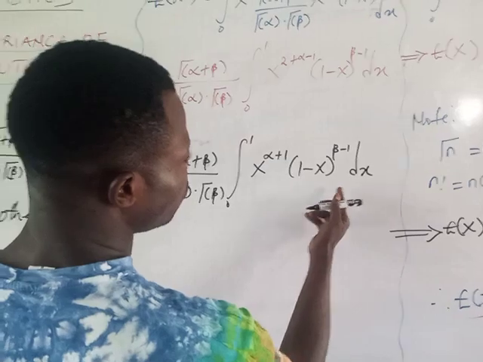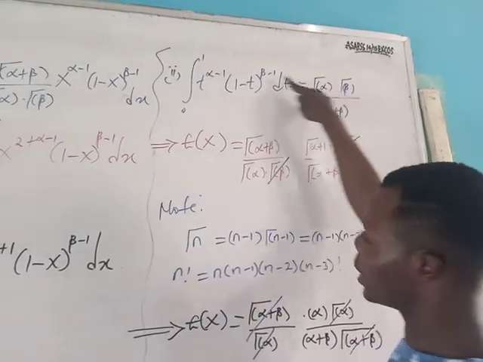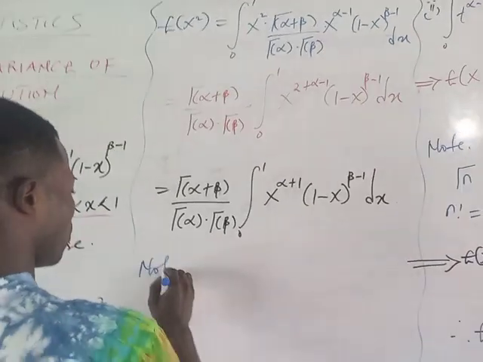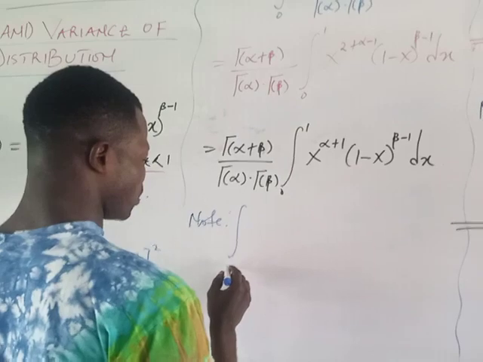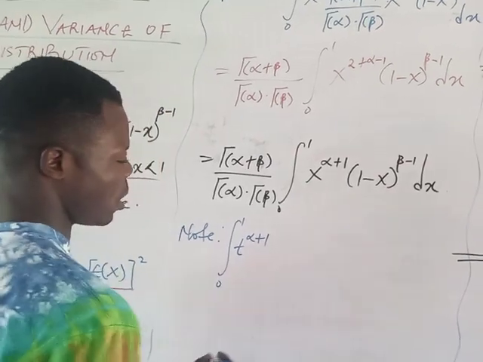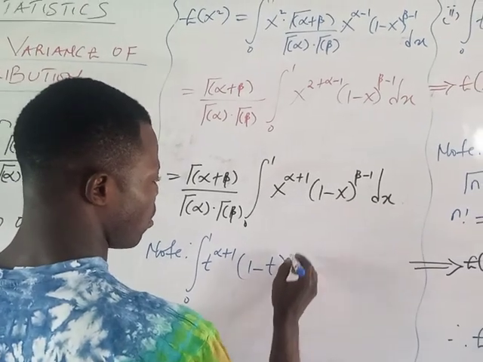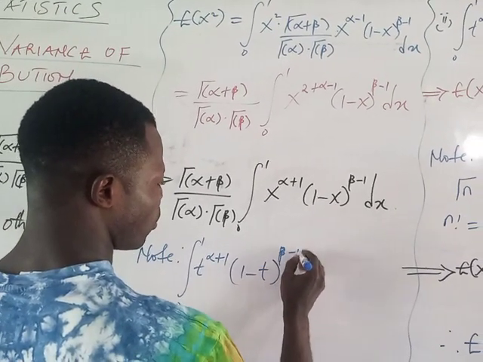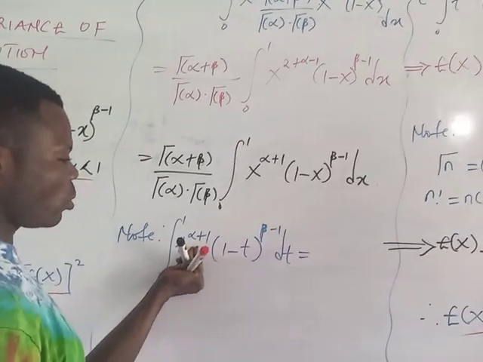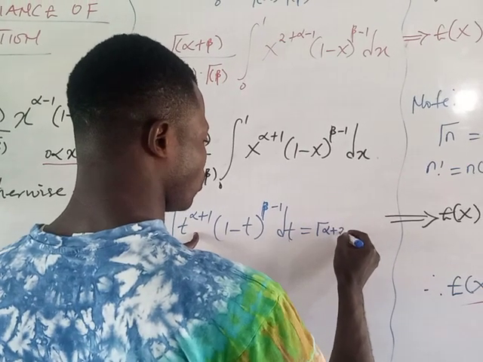We are going to apply the standard integral as well. So we can take note that the integral 0 to 1 of t to the alpha plus 1, like I said, we are adding 1, into (1 minus t) all raised to the power of beta minus 1 with respect to t will be equal to, when we add 1 to this in the gamma function, gamma alpha plus 2.